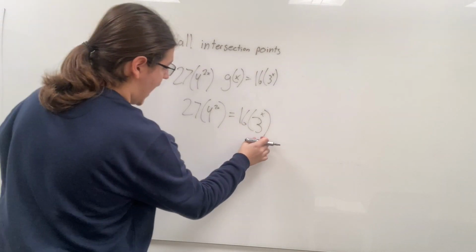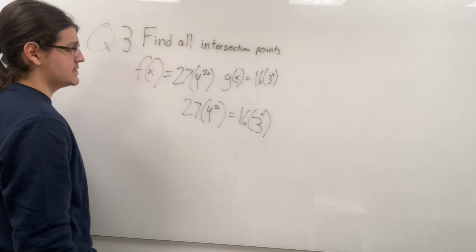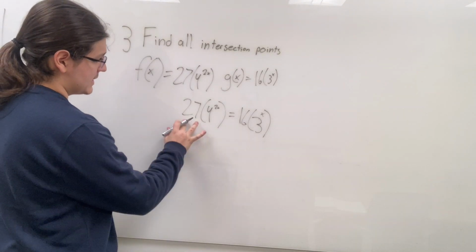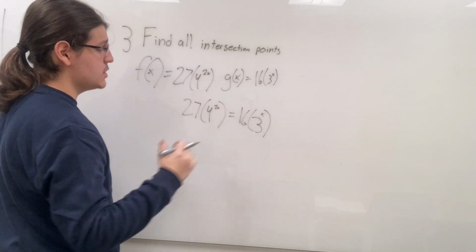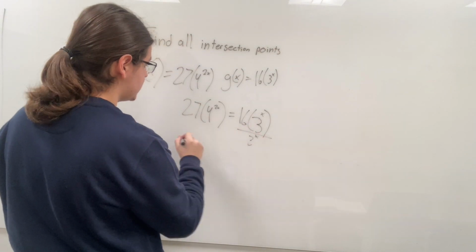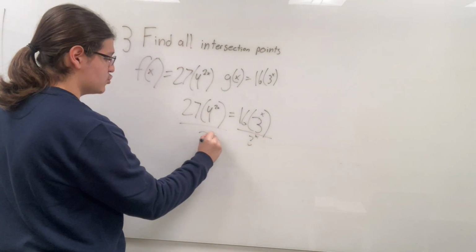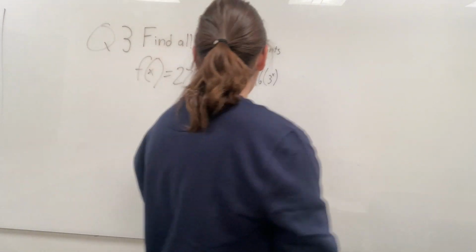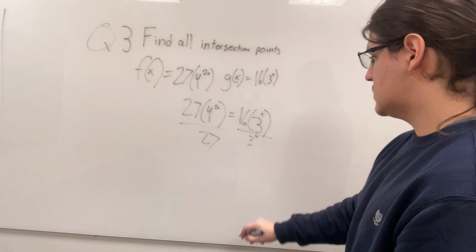Now, I like our x's all on the same side, and I'd like our constants just to be with each other. So what I'm going to do, I'm going to divide this side by 3 to the x, and this side by 27. And what does that get me?